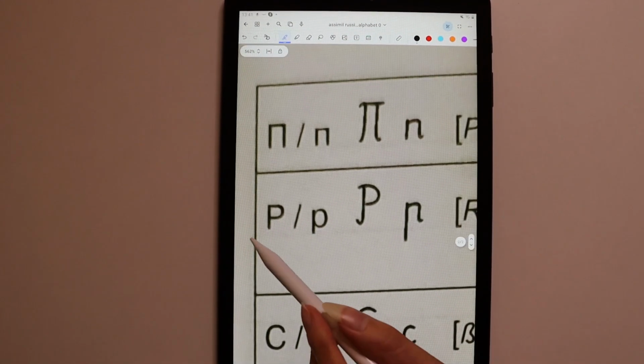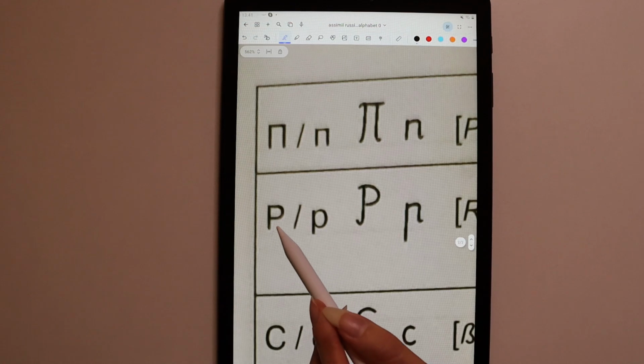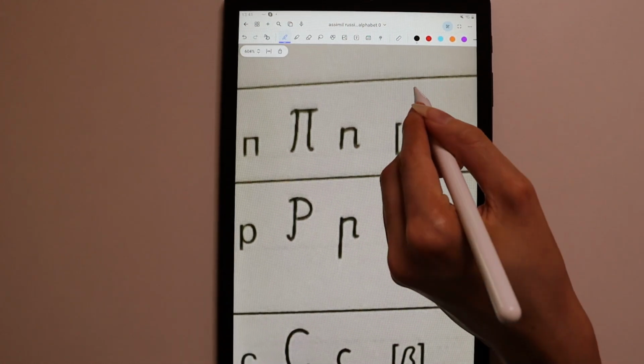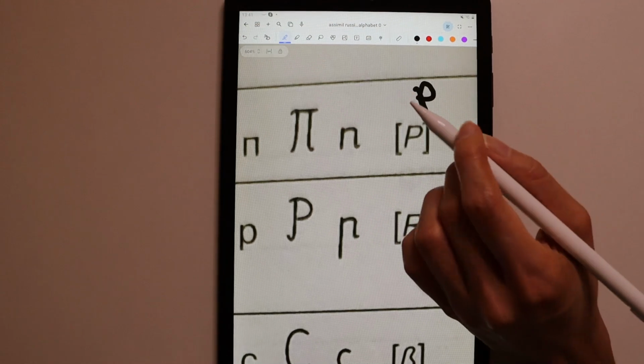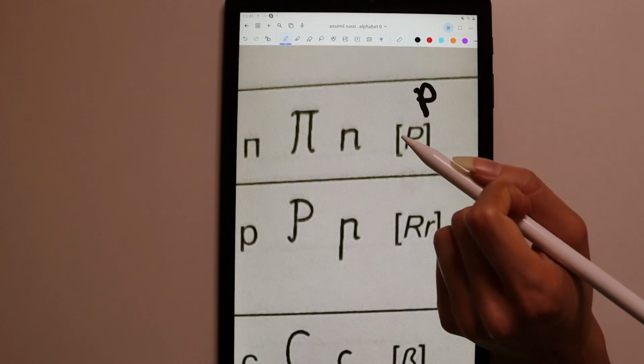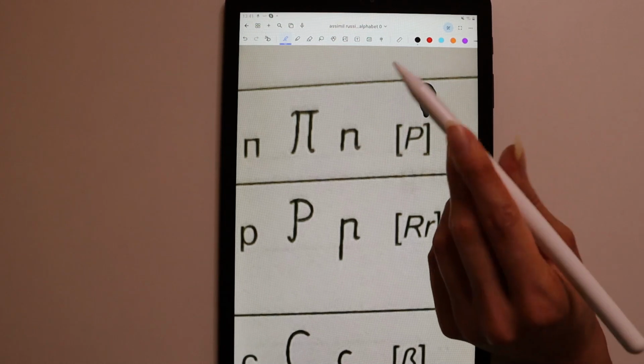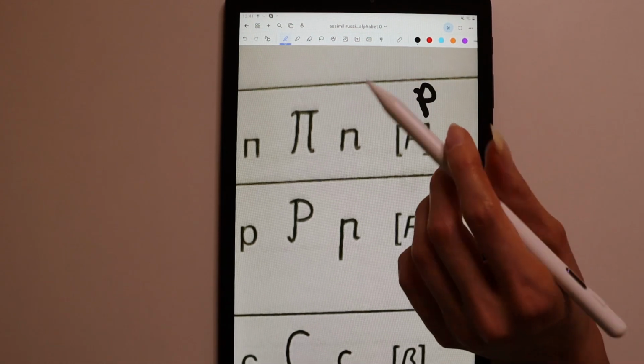But as you can already see, this is not a P, but this is the P sound. P, as in put, pot, whatever.